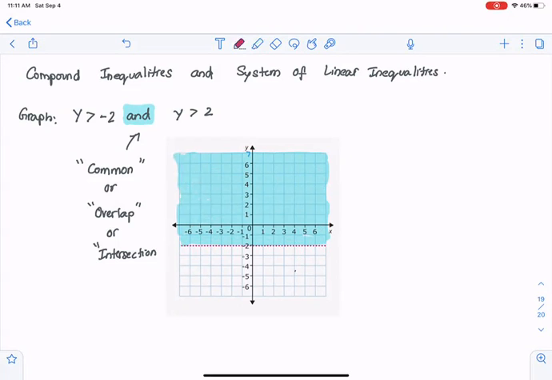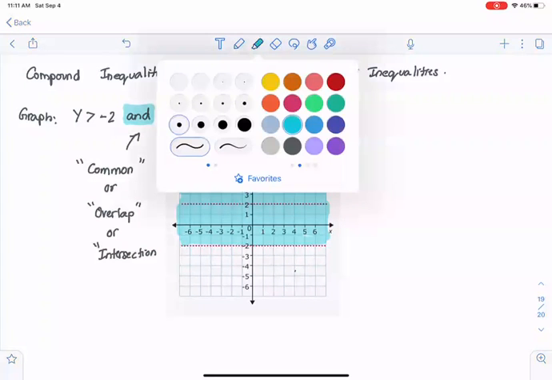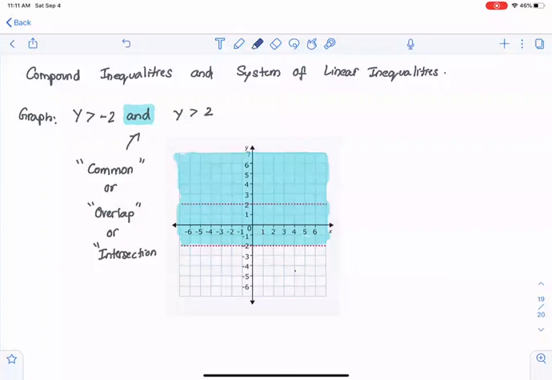Now I have another line, so the inequality greater than 2. So this would mean I am going to shade everything above two.